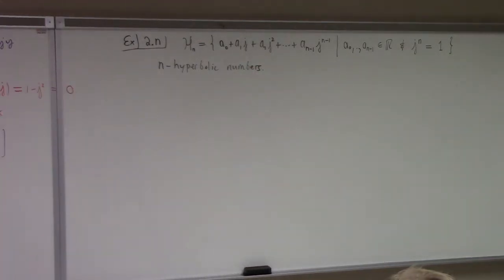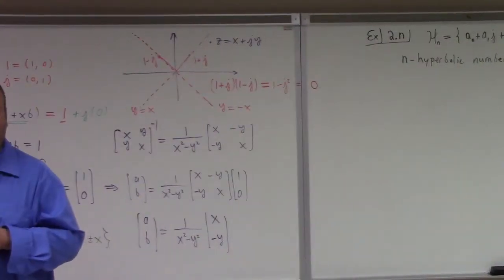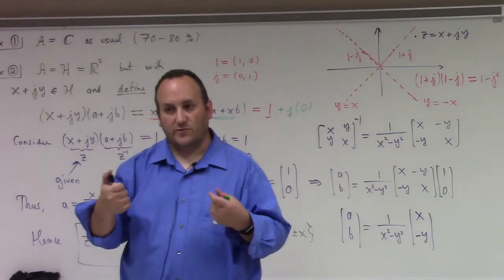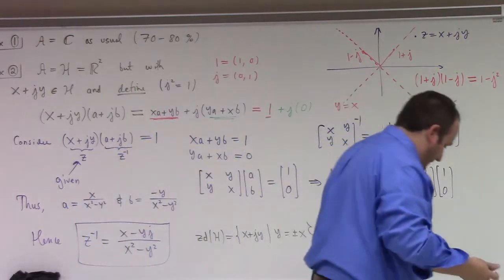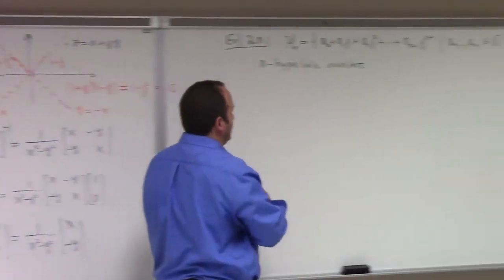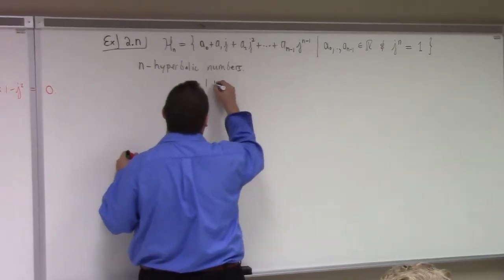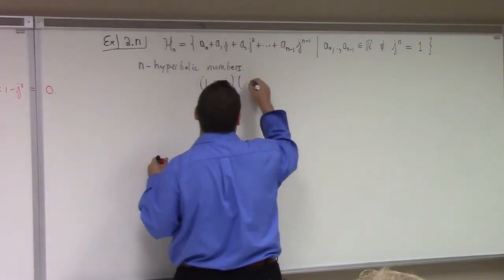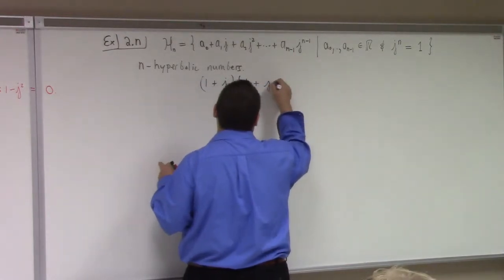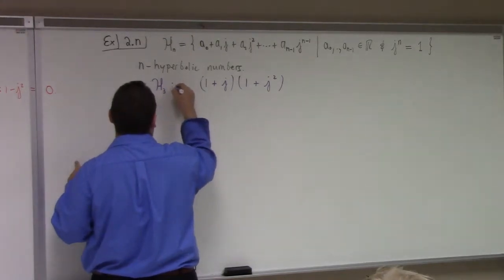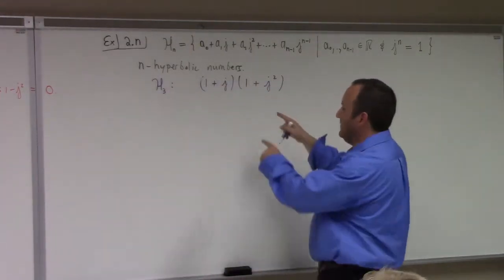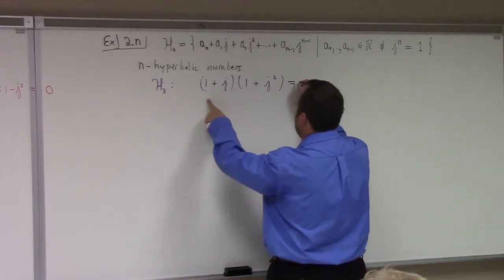How do you multiply those? Like I said, you proceed as normal. You multiply them like usual, subject to the rule j to the n equals 1. Here, I'll give you a sample calculation in H3, the 3 hyperbolic numbers: 1 plus j times 1 plus j squared. If I multiply these, maybe I should put some numbers in here.